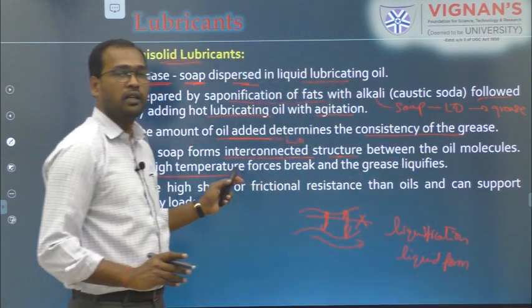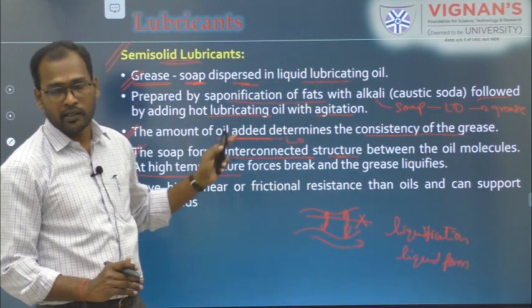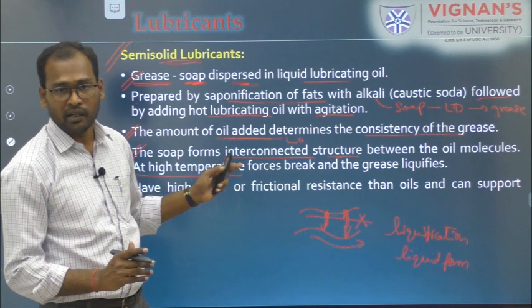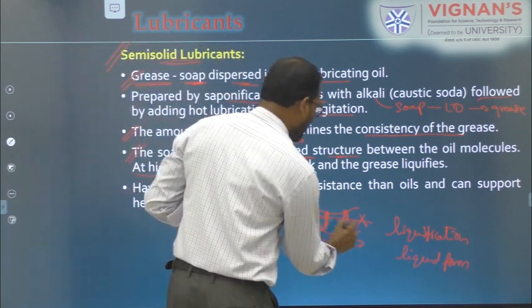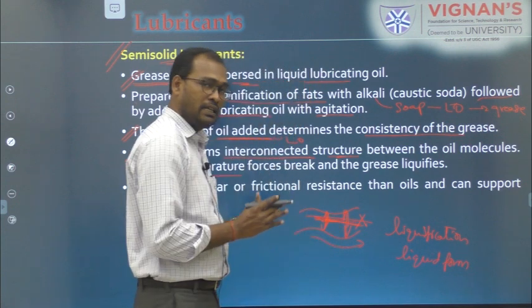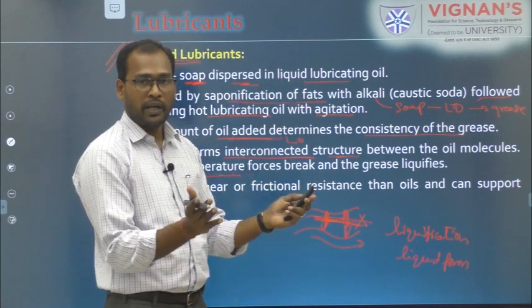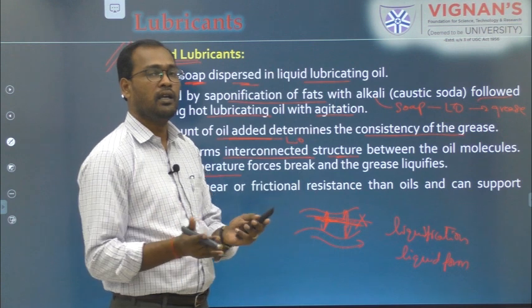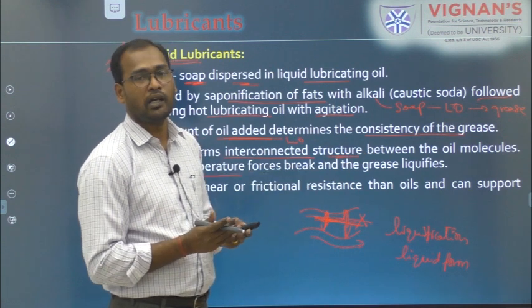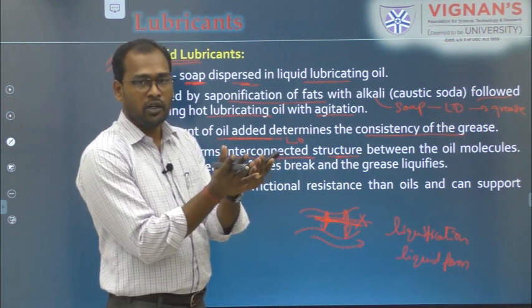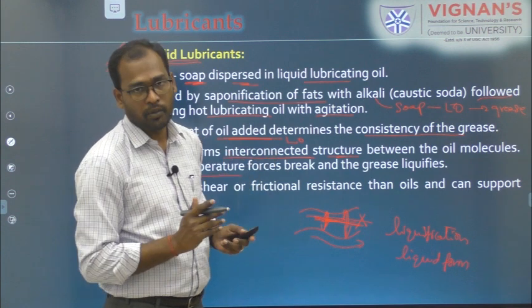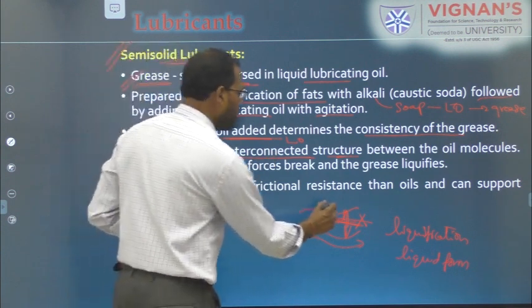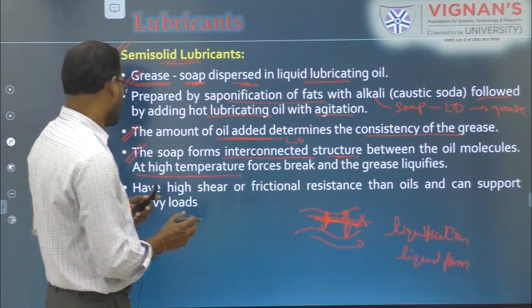These materials cannot be used at very high temperature, because at higher temperatures the bridges formed by the soap molecules start breaking. Once it breaks, the soap molecule goes separately and the oil molecule goes separately, and the whole grease, the semi-solid material, becomes a liquid material. So these cannot be used at very high temperatures.